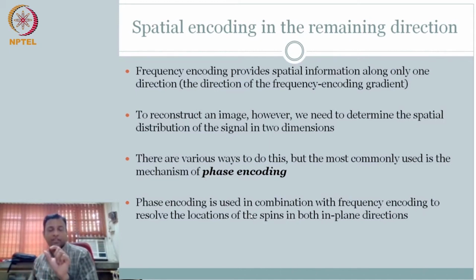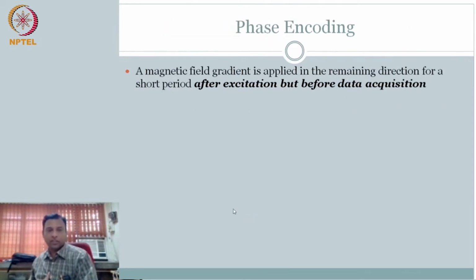The z gradient provided us the slice thickness or imaging plane. Within the imaging plane, we talked about the x gradient. If you combine phase encoding and frequency encoding, then we should be able to tell x comma y, which is your image.